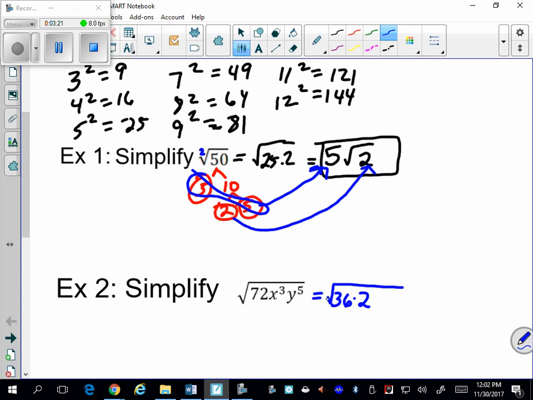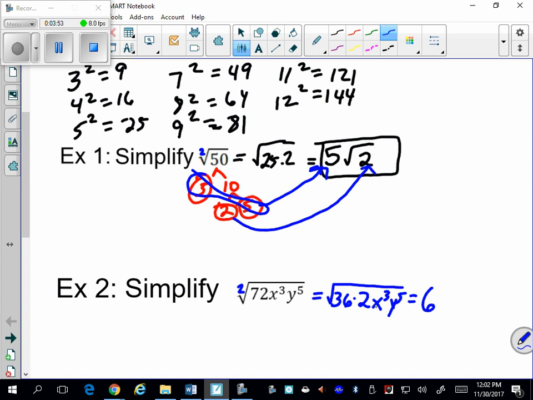With the variables, since it is a square root, we're looking at how many squares you can divide out of x to the third, and there's 1. And how many squares can you divide out of y to the fifth, and there's 2 of them. We'll do that in the next step. The square root of 36 is 6, and the 2 stays inside the square root, because we cannot simplify that any further. You can't break down a square root of 2.